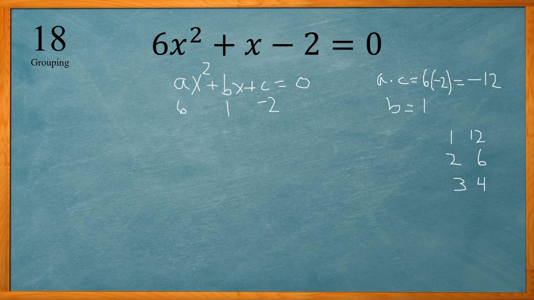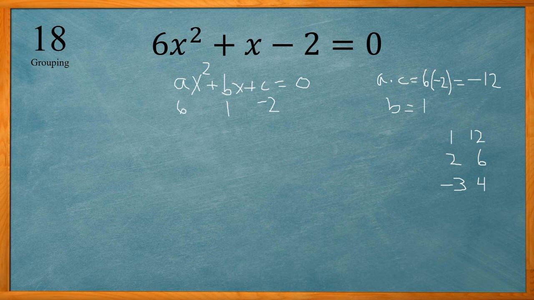So I can kind of tell that's going to be the 3 and 4 because they're 1 apart. Okay, in order to add up to be a positive 1, the bigger number needs to be positive. So 4 needs to be positive, and the 3 will be negative. Negative 3 times 4 gives you negative 12, and negative 3 plus 4 gives you positive 1.